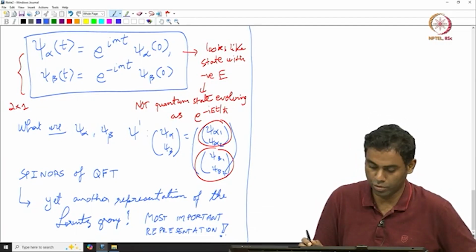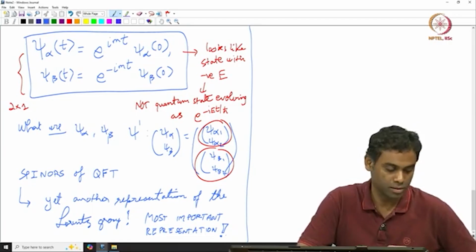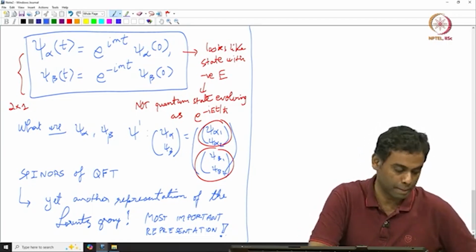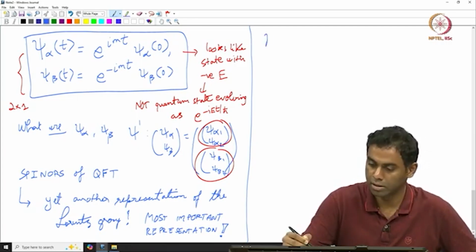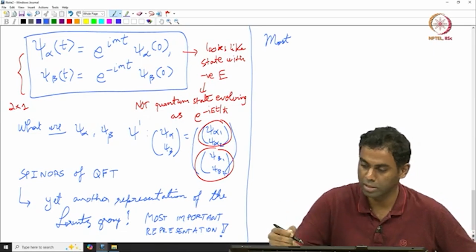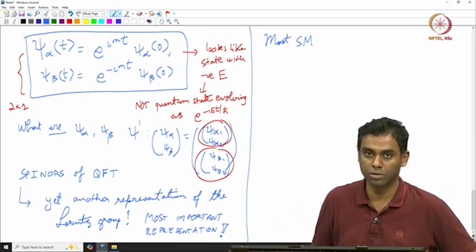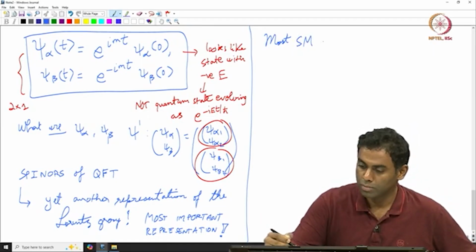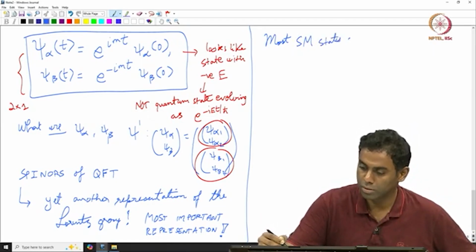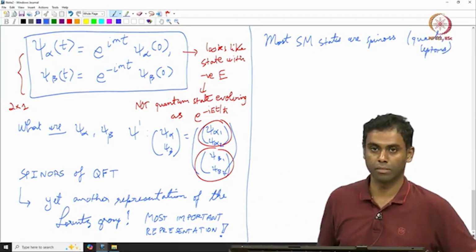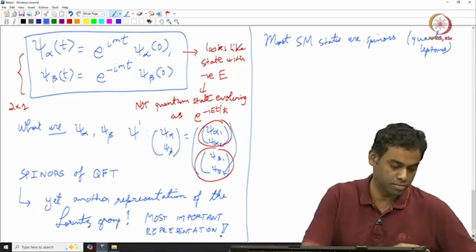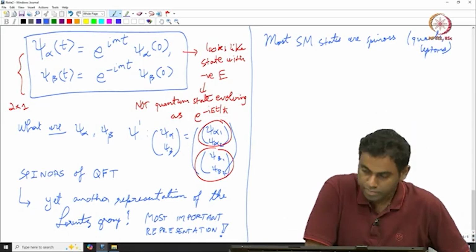So this is one of the most fundamental things to learn here. And most of the standard model states are spinors. Forget that we are made of fermions. Even if the standard model existed without us existing, most of the standard model states are also spinors. The quarks, leptons, all of them, composites like baryons, good.